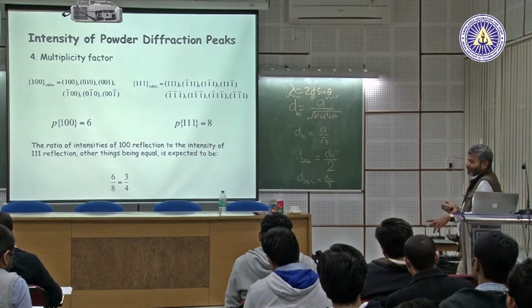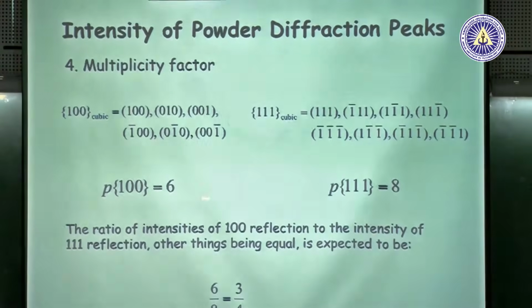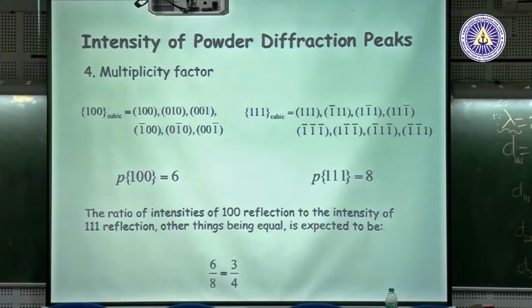So, obviously, if there are 8 planes which are diffracting and there are 6 planes which are diffracting, if everything else was the same, but everything else is not the same, because you know that the 111 theta will be different from the 100 theta. So, remember the polarization factor, that itself will give you different intensities for these.